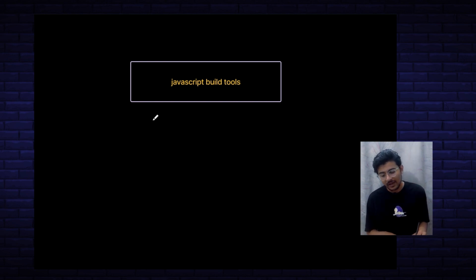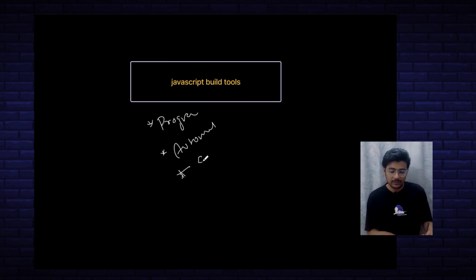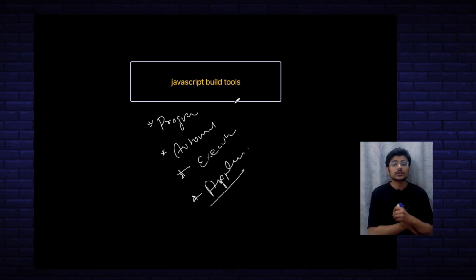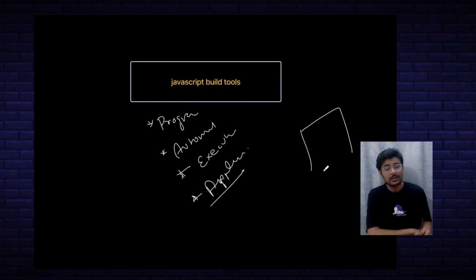JavaScript build tools are programs that can automate the process of executing an application. So JavaScript build tools are used to create dynamic websites.